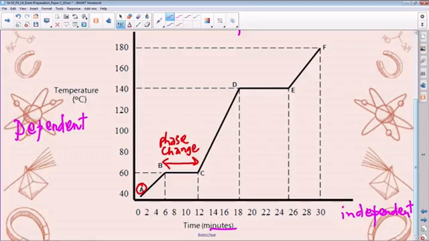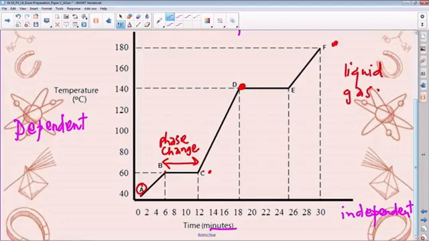So for that reason, between A and B, it's a solid. Between C, in this case, it's already melted, it's a liquid. And so between C and F, that's when we have a liquid as well as a gaseous form.